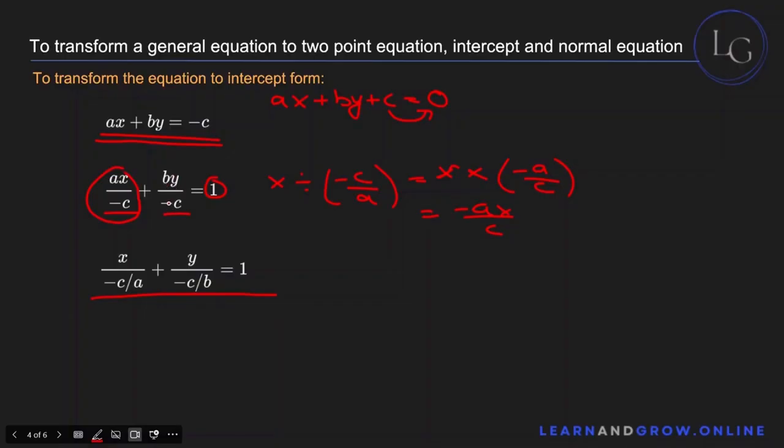So all you need to do is, instead of writing minus ax over c, just write x over negative c over a. And instead of writing by over negative c, just write y over negative c over b. And hence, you will eventually end up with the intercept form.